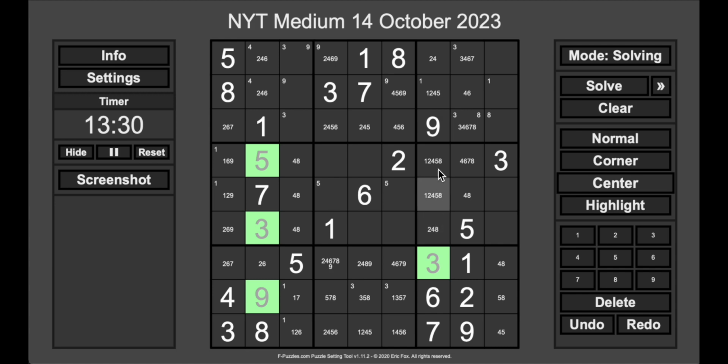Unfortunately, that's anything. That's not 5, though, or 2. Well, let's see. We've determined 8's in one of these two, but we don't know where 8 is in column 8, so therefore we can't place an 8 in column 9.